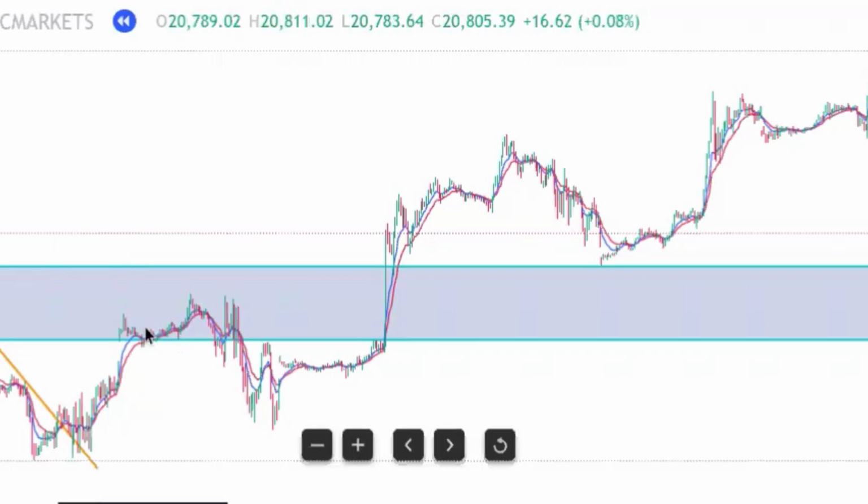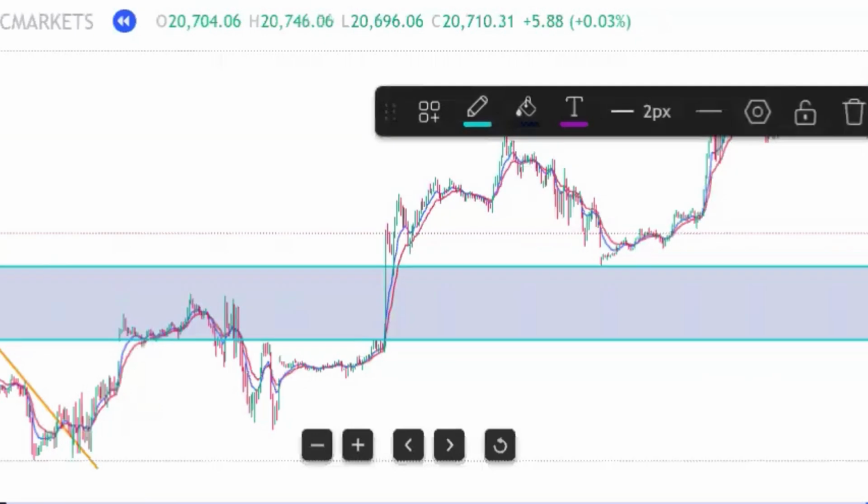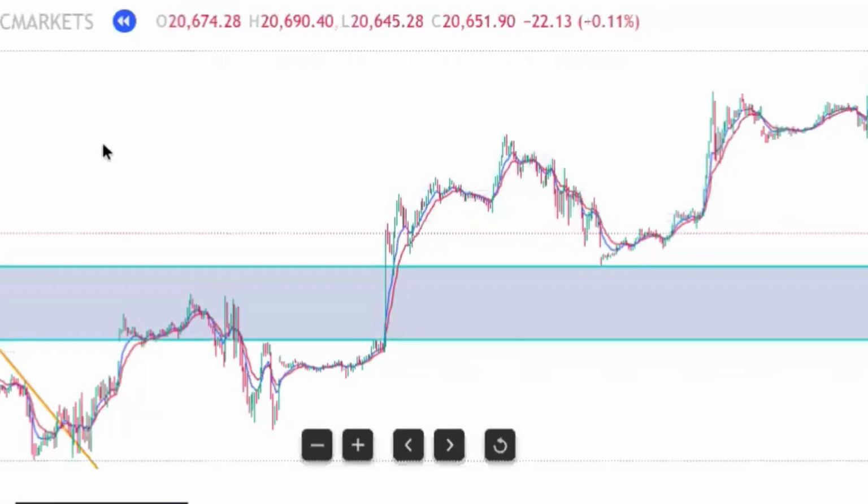Now let's get into step 2, which is our entry criteria, right? This is our entry criteria. Literally, we've got our moving averages on, which is 8 and 14. And with the moving averages on, always remember that if we're below the moving averages, that means we're bearish.